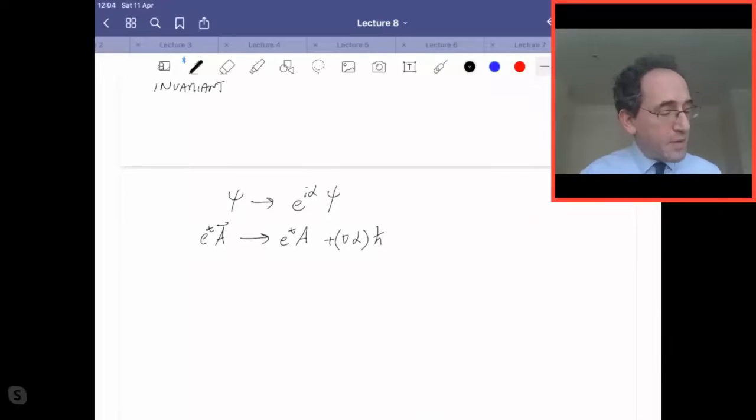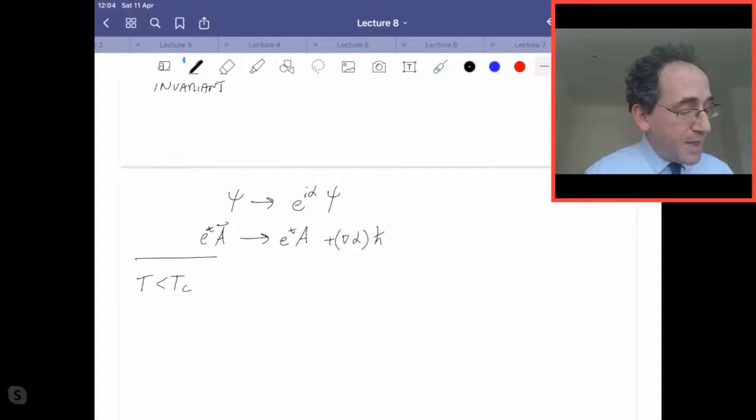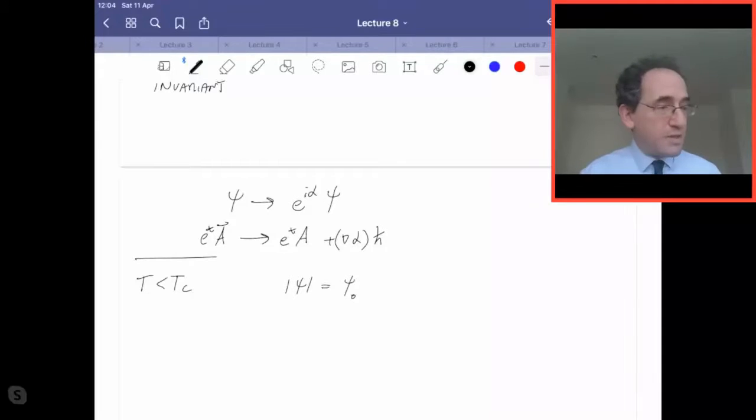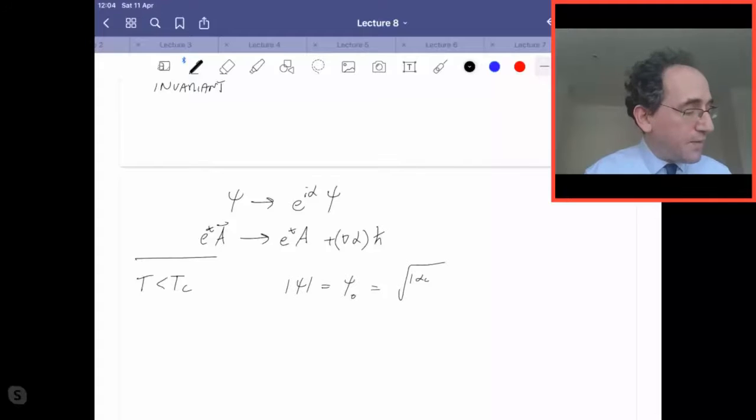Okay, now we're going to consider the case of the temperature less than the critical temperature. In this case, we know the magnitude of psi at its minimum is called psi naught. We calculated that it's the square root of absolute alpha 2 over 2 alpha 4, some positive number.